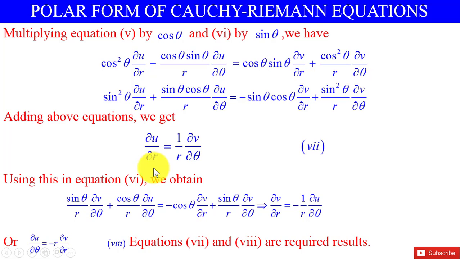So ∂u/∂r = (1/r) ∂v/∂θ. This is equation number 7.